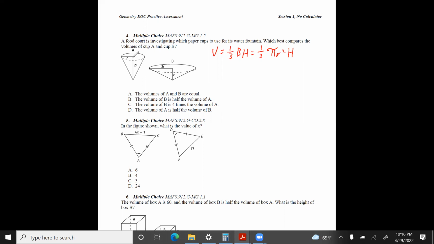So the first one has the radius of r, a height of 2r. So we're going to plug those in. So for the first volume, for figure A, we have 1/3 pi r squared.